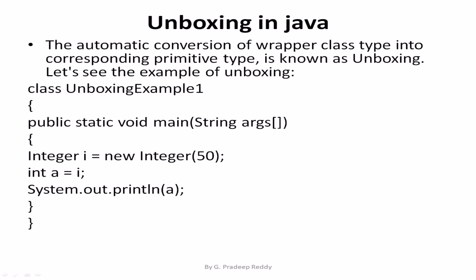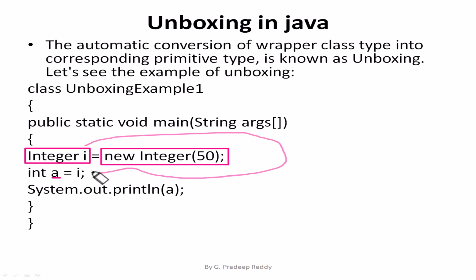Here we define the Integer object I equal to new Integer of 50, and assign a equal to I. So now I is holding the value 50, and 50 will be passed to a. Finally the output is going to be printed as 50.